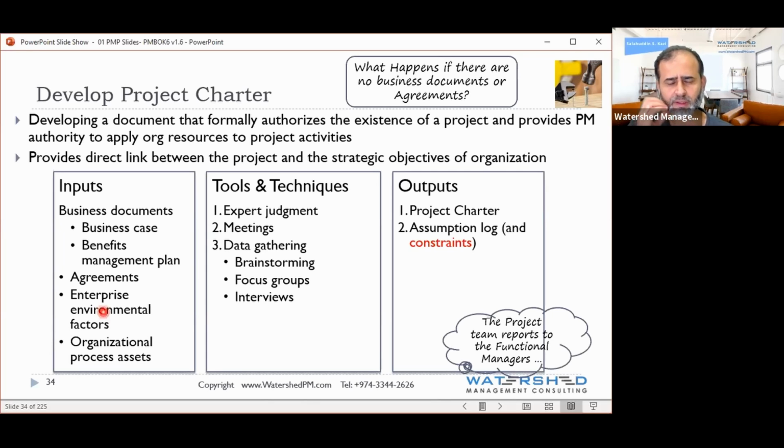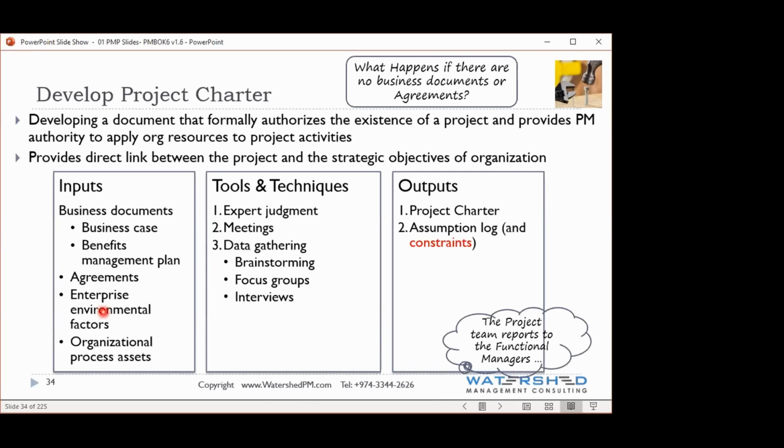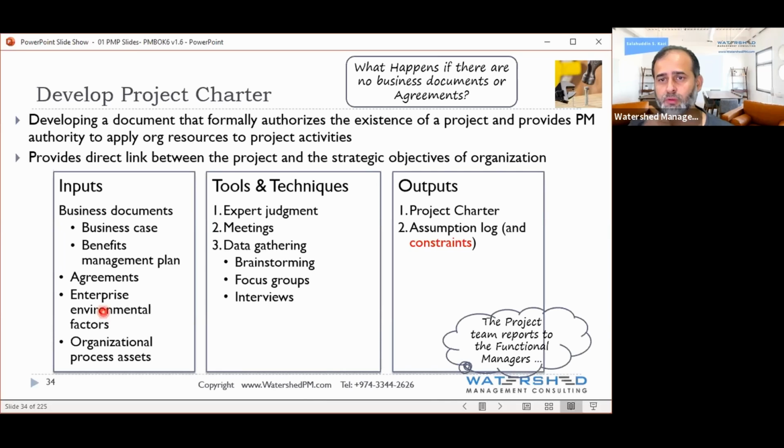So it doesn't matter who we are, in summer, as per the government rule, we cannot work between 11 to 3. Khalas, end of story. Affecting your project, yes. Which input? Enterprise environmental factor. You get the idea?